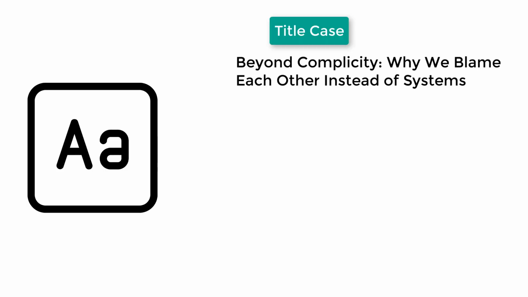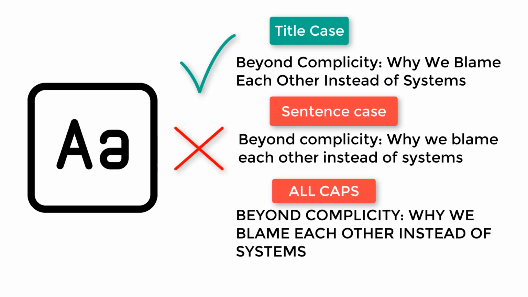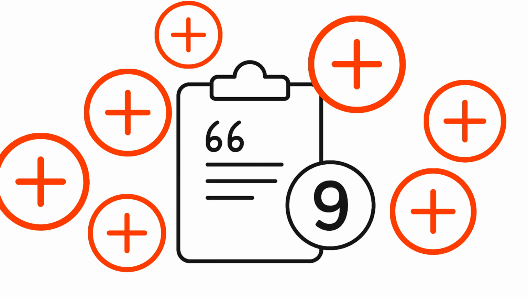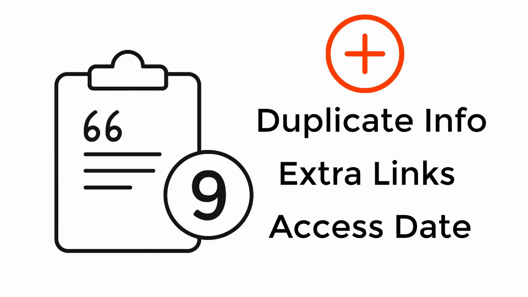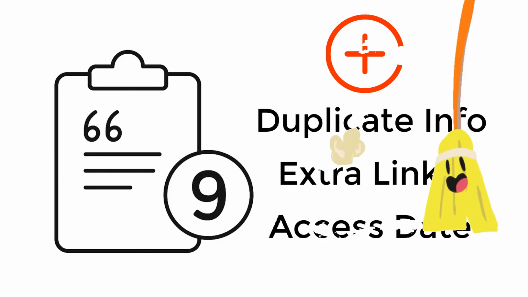Then, title capitalization. MLA uses title case for its titles. So capitalize major words, avoid sentence case or all caps. Finally, extra stuff. Sometimes the generator includes duplicate info, extra links, or other info like access dates when they're not needed. Clean that up before submitting.